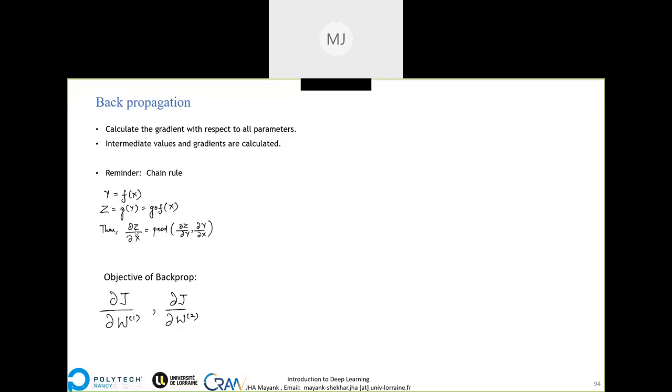In that case, if you take the derivative of z with respect to x, what you get is basically a matricial product. If that's a matrix, you are getting a matrix product of the partial derivative of z with respect to y, multiplied by the partial derivative of y with respect to x, and that's how you calculate the partial derivative of z with respect to x. Right?